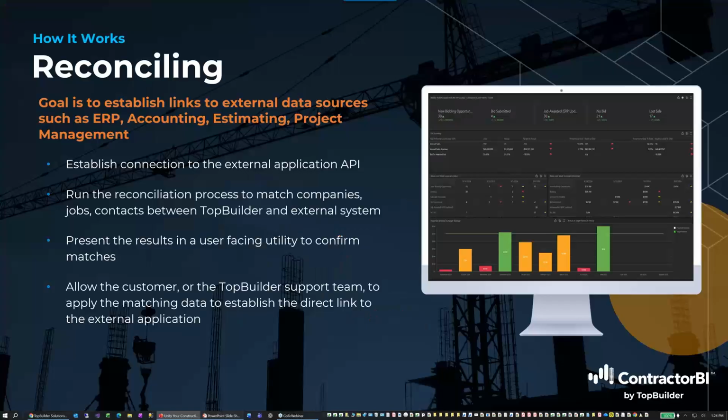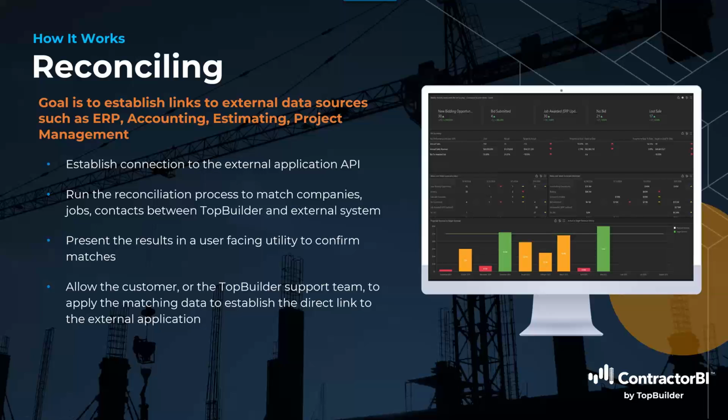Okay? So let's say I also have Sage, or Spectrum, or Acumatica or something else. I'll do that same exact process with Sage. It doesn't matter if it's 100, 300, or Intact, Spectrum, whatever it may be. I'm going to do that same process with those applications, and now I'm reconciled with my accounting system.